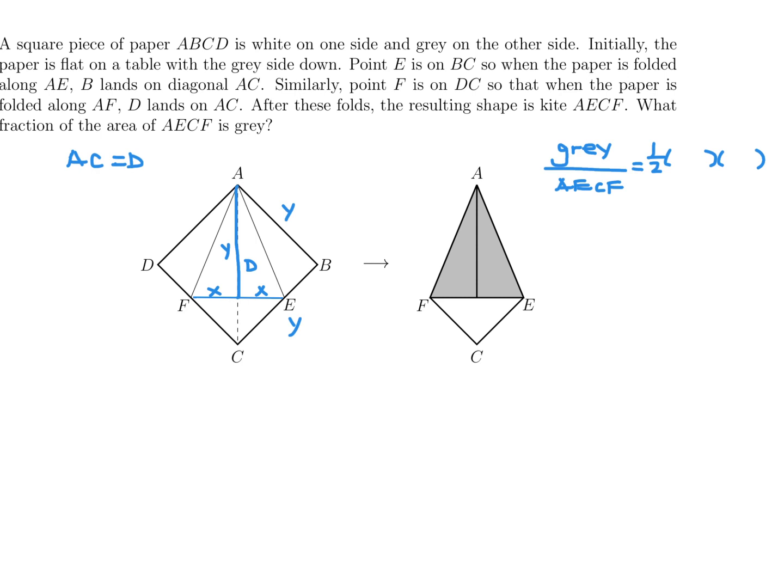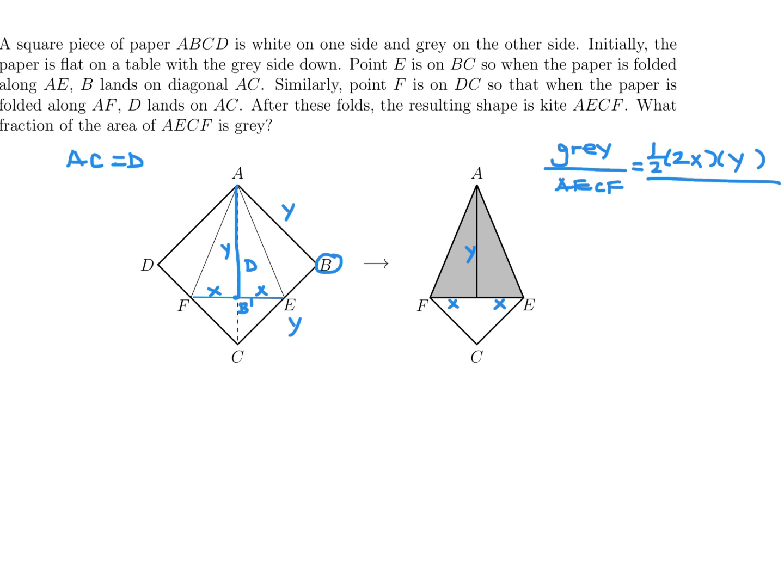Say B ends up here. No, just call it B prime. See, this B, when it's folded, it lands here. So that means that those two distances must be the same. So therefore, 1/2 base, the base would be 2x, since this is x, and this is x, and this is y, and the height would be y. Okay, I'm pretty confident about that. Now let's talk about AECF.